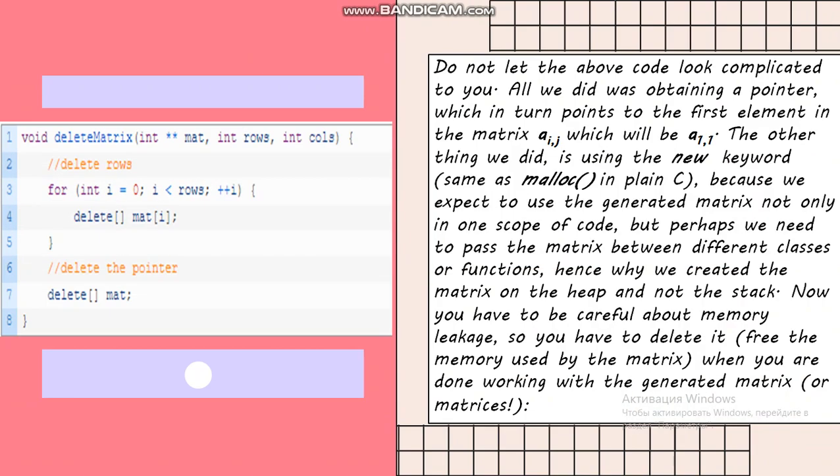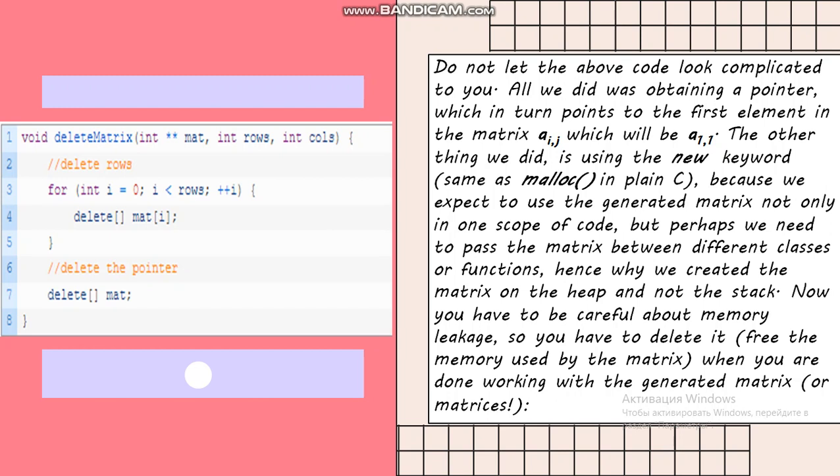Do not let the above code look complicated to you. All we did was obtaining a pointer which in turn points to the first element in matrix A3, which will be A11.